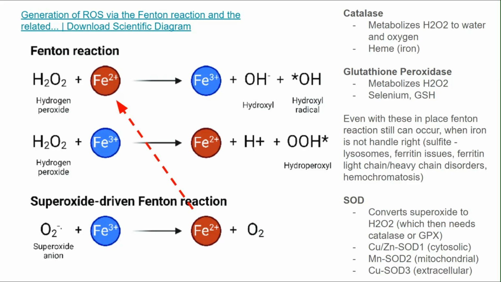So another enzyme that is quite helpful for dealing with superoxide, but it does produce hydrogen peroxide, is superoxide dismutase. And I've said this previously that there's 3 isoforms. So the copper zinc form is SOD1 and it's cytosolic. And then magnesium is the cofactor for the mitochondrial superoxide dismutase.